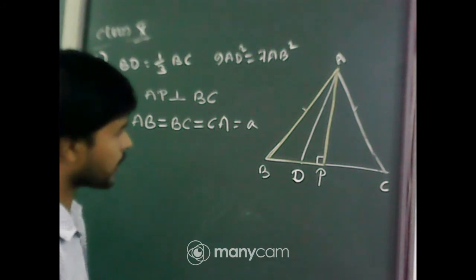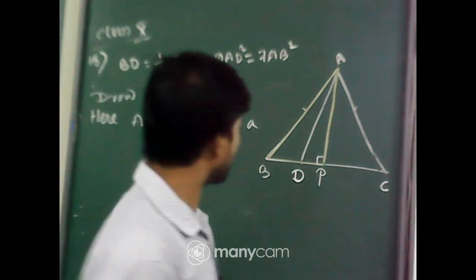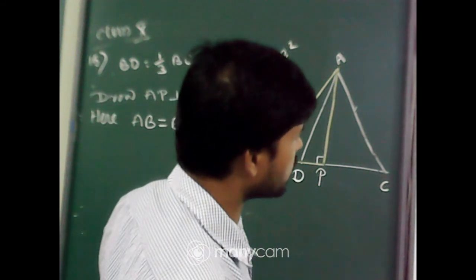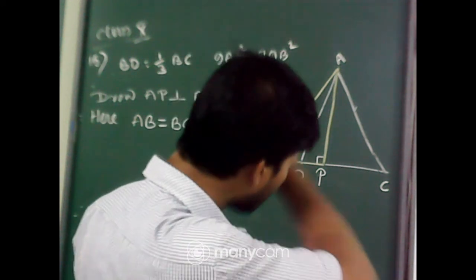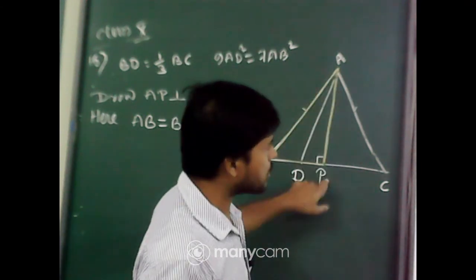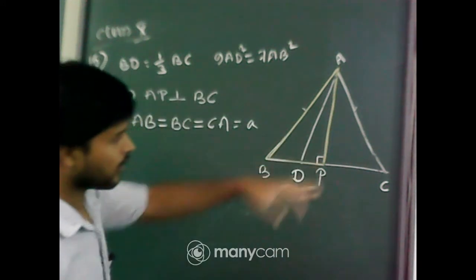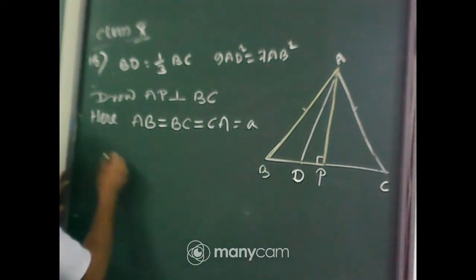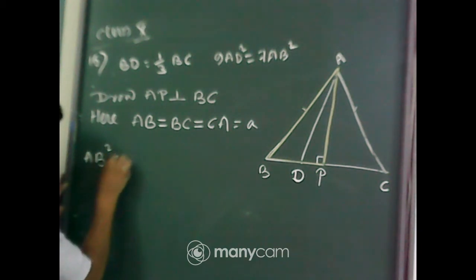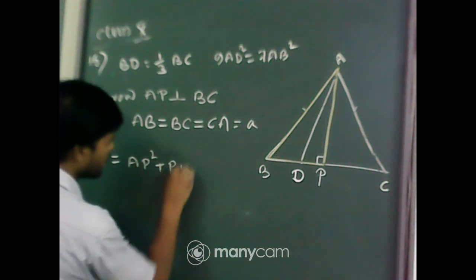Srijan, you have made a little mistake. AB square is equal to AP square plus PB square.